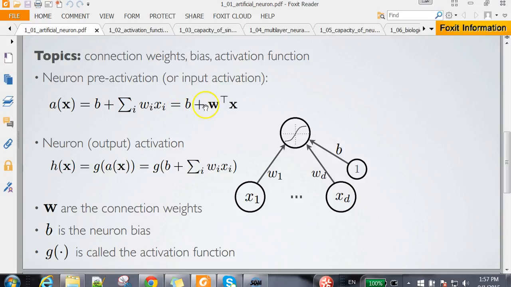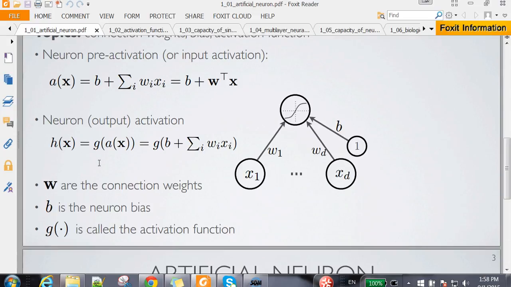So W here are the connection weights. It's a vector. b is the neuron bias. It's not a vector, it's just a value. And G is called the activation function. This outer function here is called the activation function.